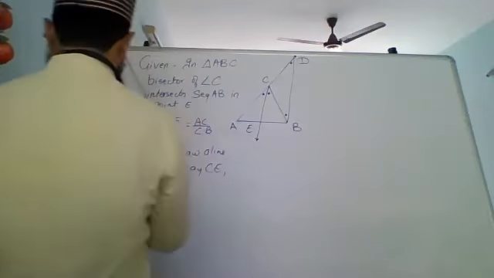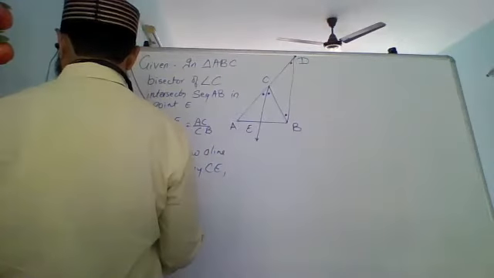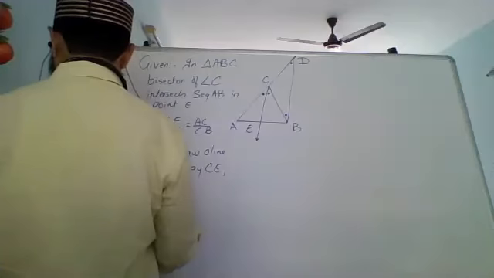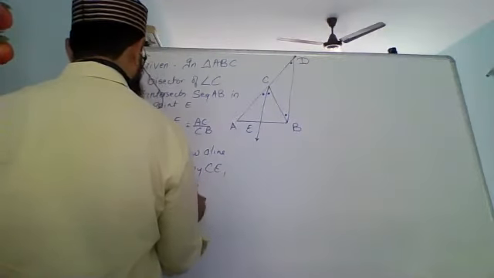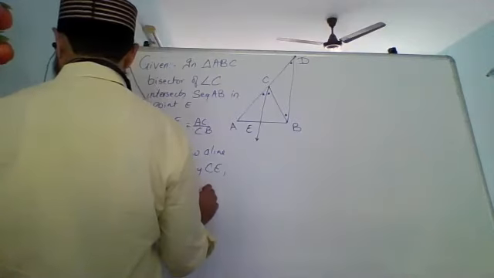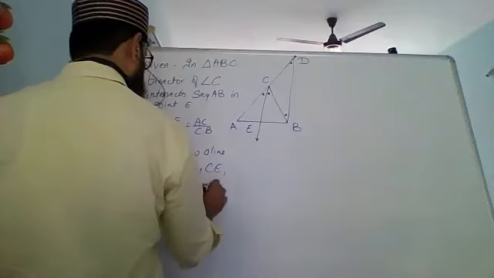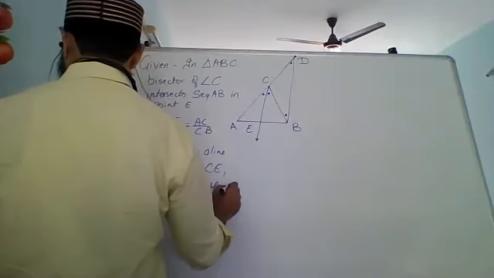Given in triangle ABC, bisector of angle C intersects segment AB in point E. We have to prove AE upon EB equals to AC upon CB.